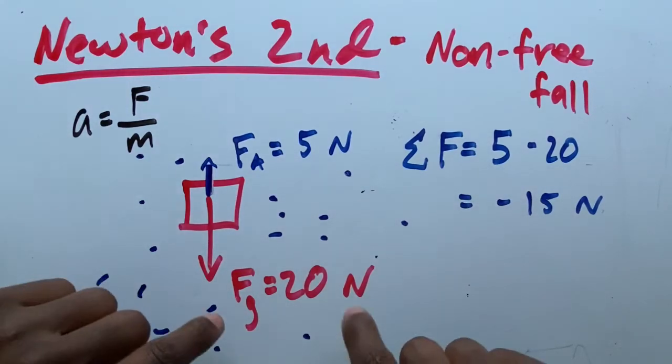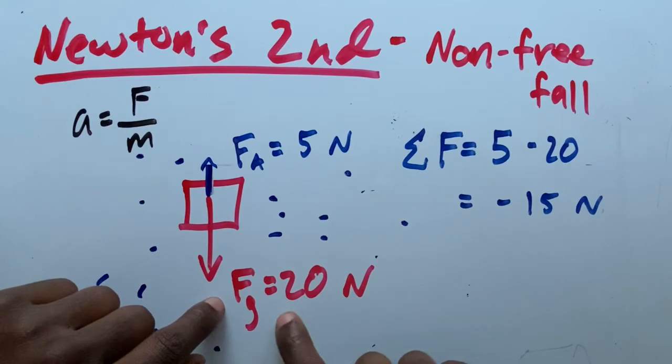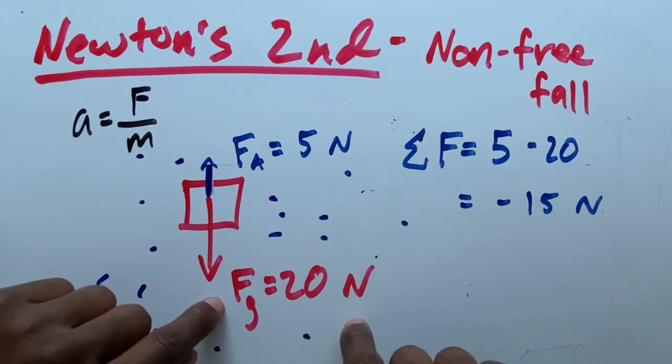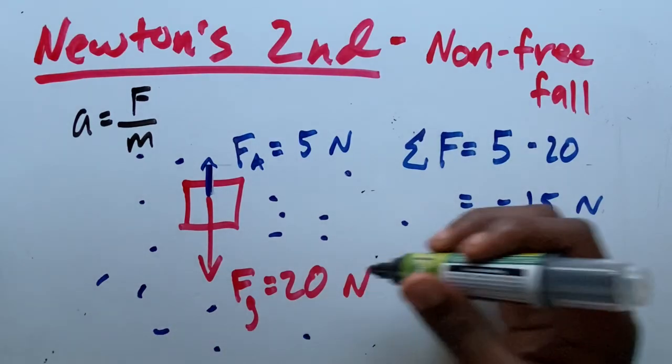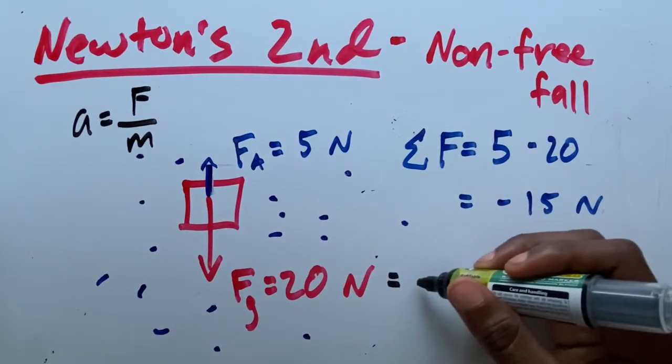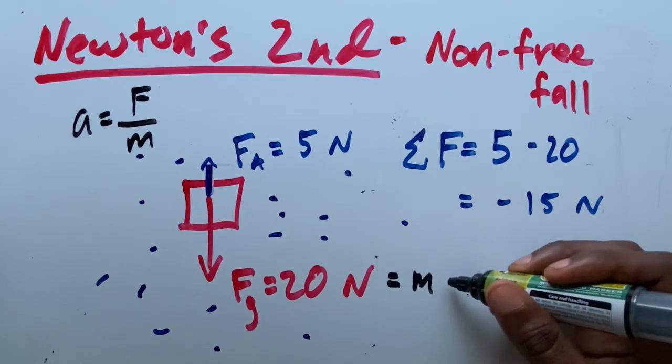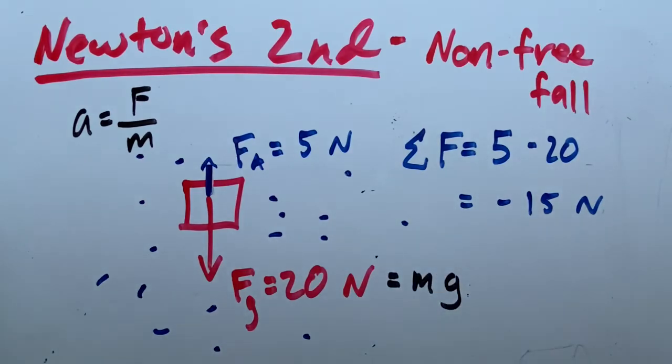In the question, they only give us the force of gravity, which is 20 newtons. Well, we can figure out the mass from this, because we know the force of gravity is equal to mass times the acceleration due to gravity, right?